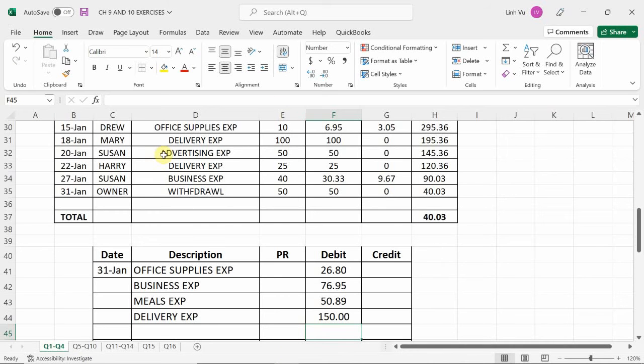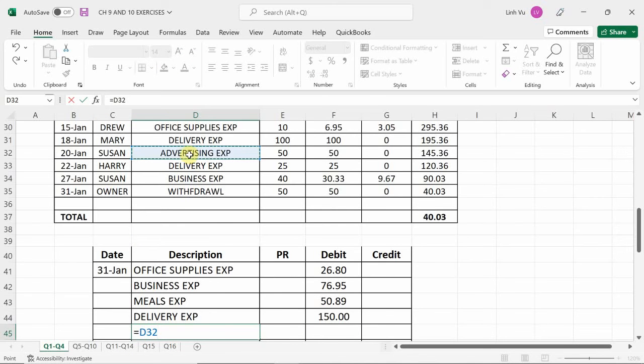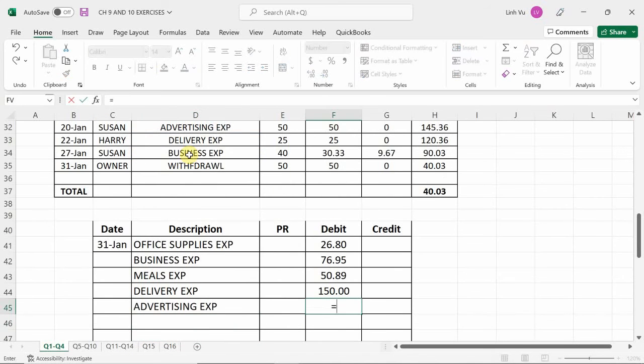Okay. Then we had advertising expense for $50. Then we end up spending another delivery charge for $25. So that is $175.